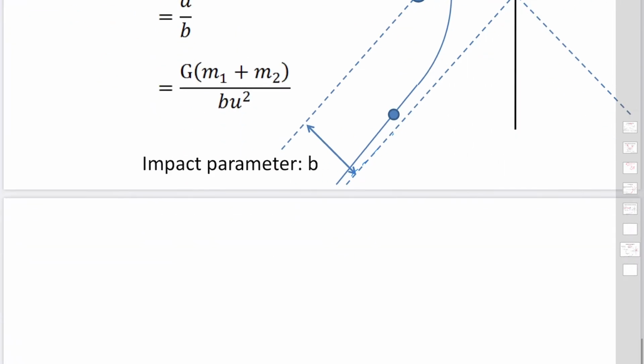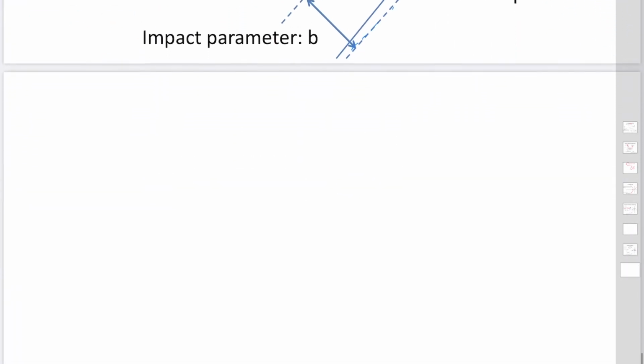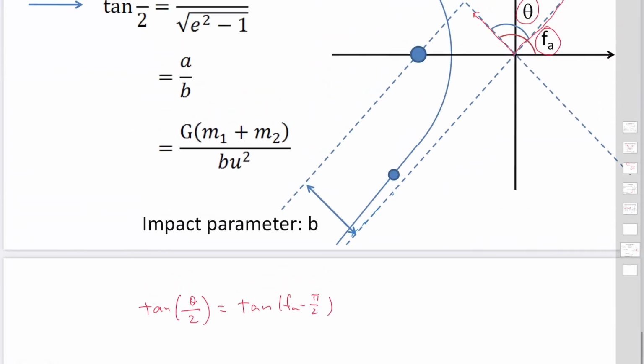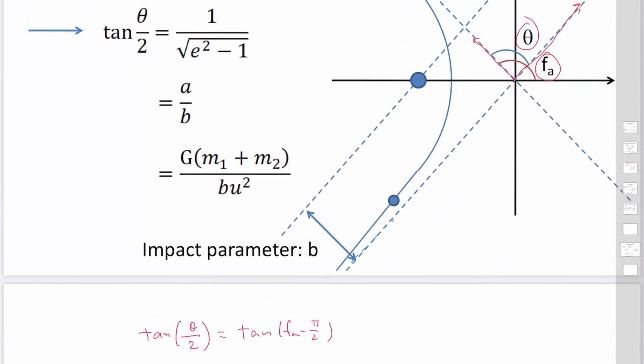Okay, then we consider tangent theta over 2. This is equal to tangent of f sub a minus pi over 2. This is f sub a.